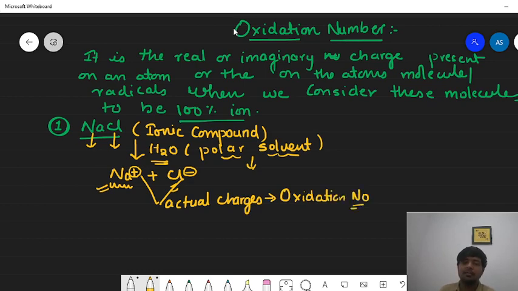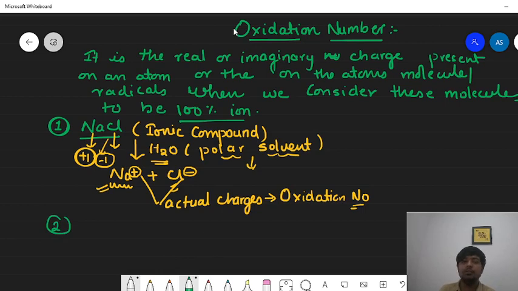So if anyone asks you what is the oxidation number of Na in NaCl, just say that it is +1. What is the oxidation number of Cl in this NaCl? Just say that this is -1. Here the oxidation numbers are equal to their charges, but it is not necessary everywhere that the oxidation number will equal the charges. Why?